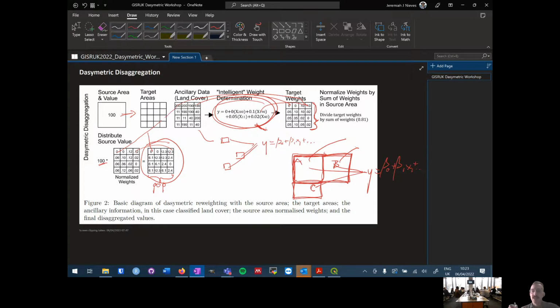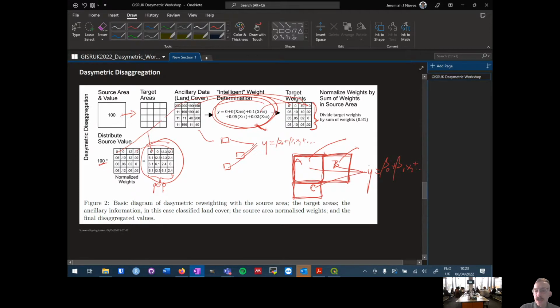Another issue is when you are training this model here on the right, a linear regression in this case, your Y value is not the population count. We are actually predicting population density that we are then using as target weights. So that means that A's observed value is not 100 in this model.